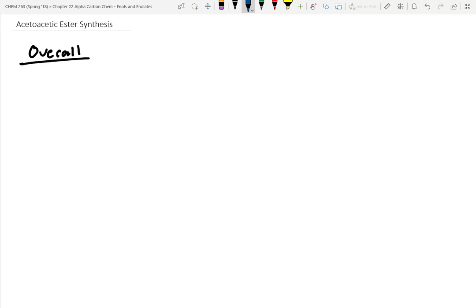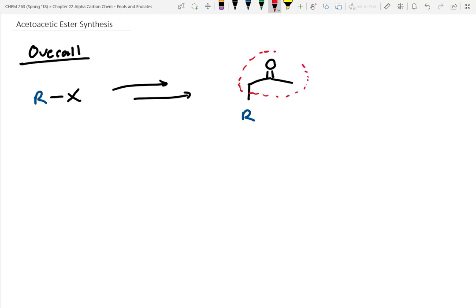So just like before, we have our blue carbon. And this time, rather than a carboxylic acid, you're actually just going to have a ketone installed with the CH2 spacer, so specifically a methyl ketone.